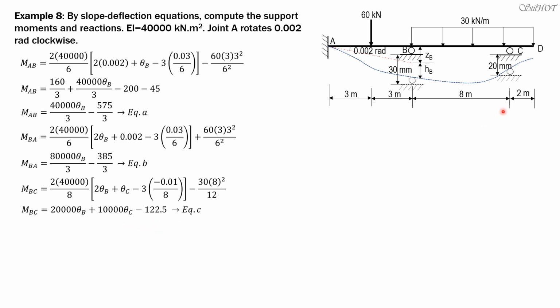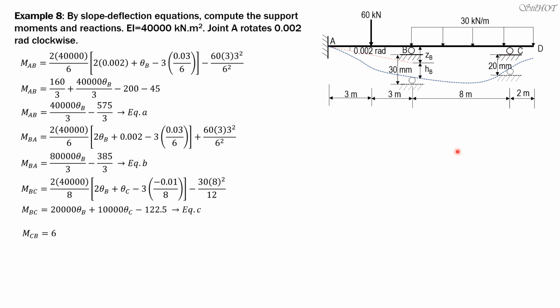Equation C. Then moment CD, we know that the moment at C, moment CD, is negative 30 times 2 times 1. So that is negative 60, but moment CB is positive 60.